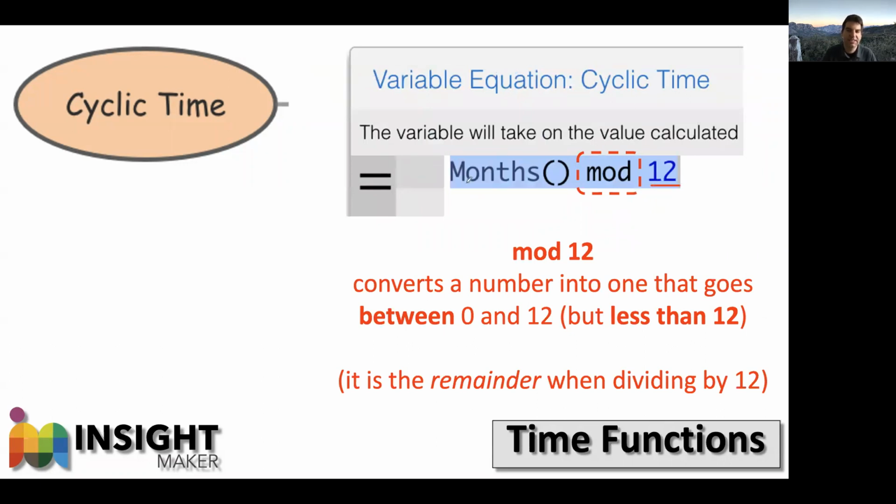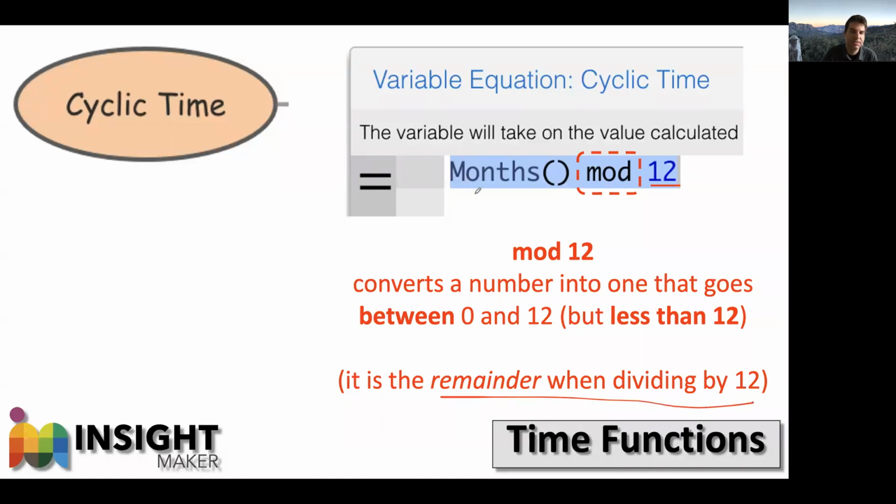If I take 11 divided by 12, you can't divide 11 by 12, so you get a 0 out and a remainder of 11. So 11 mod 12 gives you 11. But if I divide 13 by 12, you can divide 13 by 12, but then you have a remainder of 1. So 13 mod 12 gives you a 1. This is the remainder when dividing by 12.